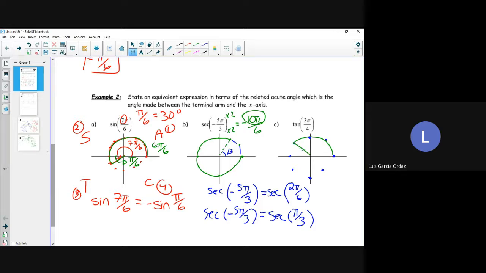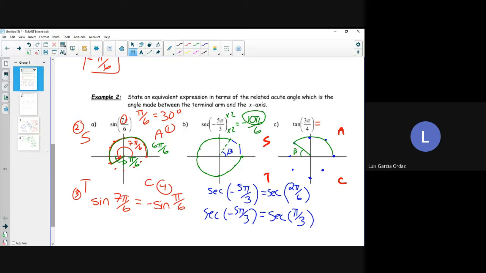Okay, so this over here is our acute angle. Okay? So tan of 3 pi over 4.